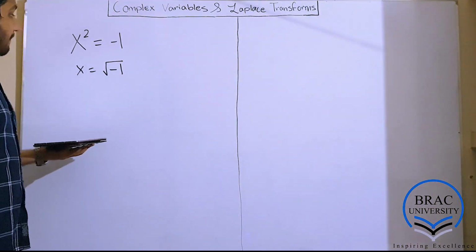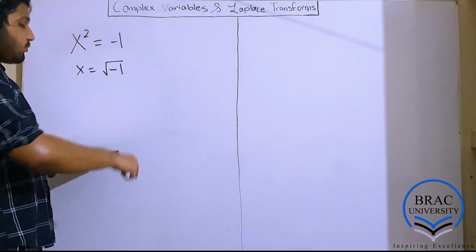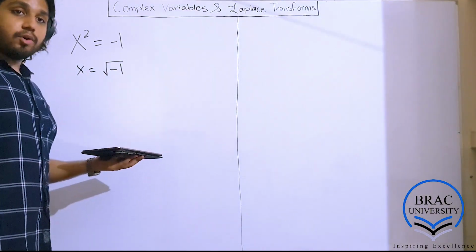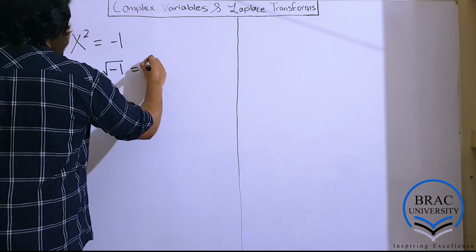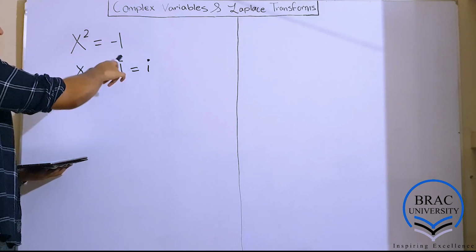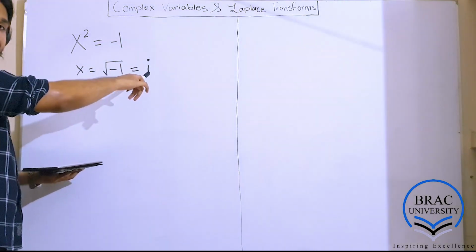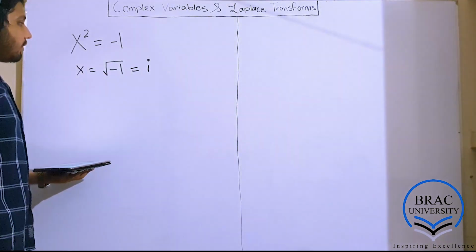Now, what mathematicians have devised is to make this square root of minus 1 into what is known as imaginary numbers. Here, what was a real number has turned into what we now call an imaginary number, because there is no real number counterpart to the square root of minus 1.